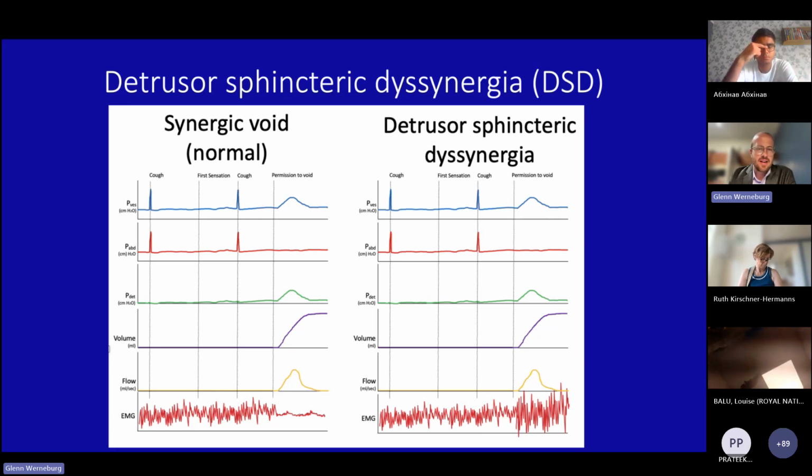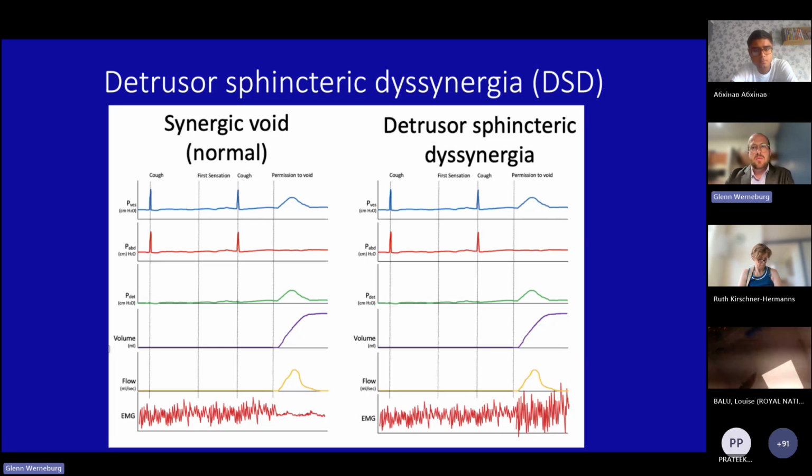You don't want an atonic sphincter in the context of a filling bladder, or else incontinence would ensue. So you have a normal sphincteric tone in the context of filling, and then when the patient empties his or her bladder, that sphincter quiets, and that EMG, electromyography, quiets in the context of the void. That's normal on screen left.